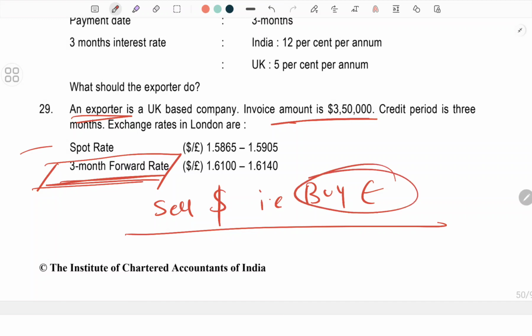Why? Because the quote given to me is dollar by pound. It's a pound quote. So hence I'm doing this buy pound exercise. Buying at a higher rate, selling at a lower rate, always customer is at loss. So buy at high, sell at low. It's a pound quote. The higher quotation is this one. So forget this part. This is my quotation. So my quotation is fixed. Now divide or multiply, let's see that in the solution itself. But the rate is 1.6140.